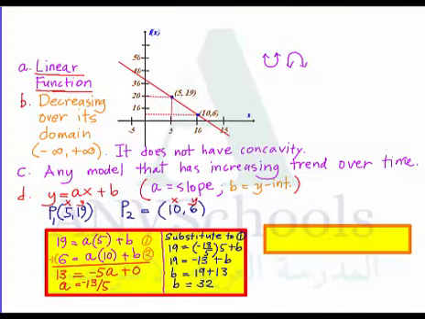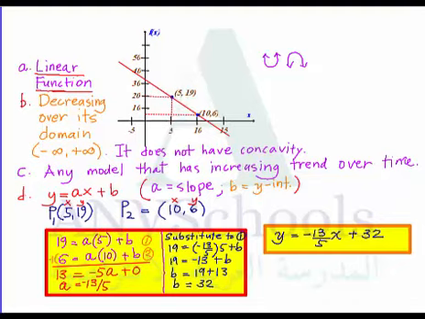I have my A, so y is equal to ax plus b, so y is equal to negative 13 over 5x, and my b is 32, so plus 32. That is my equation for the linear function.